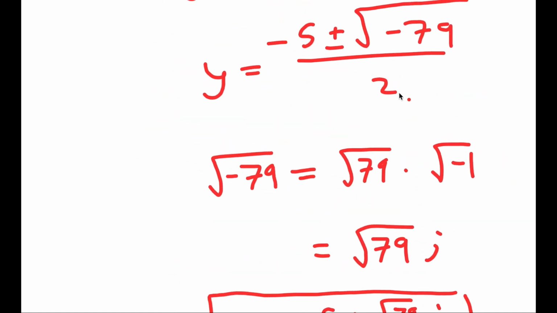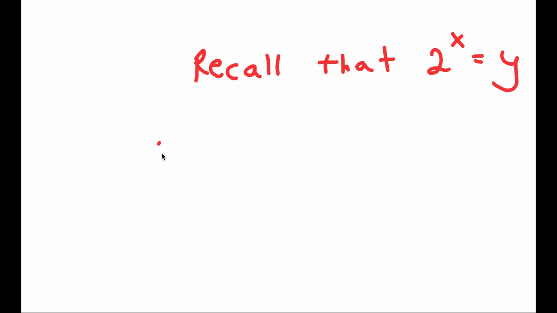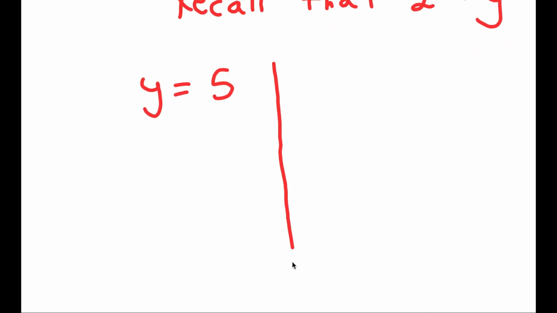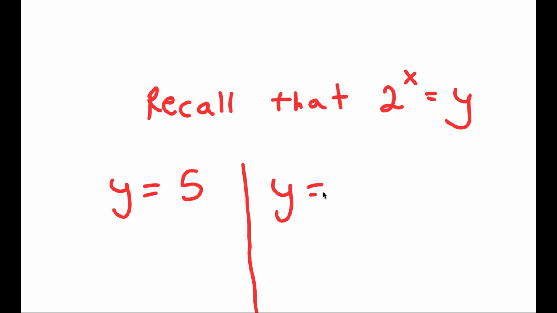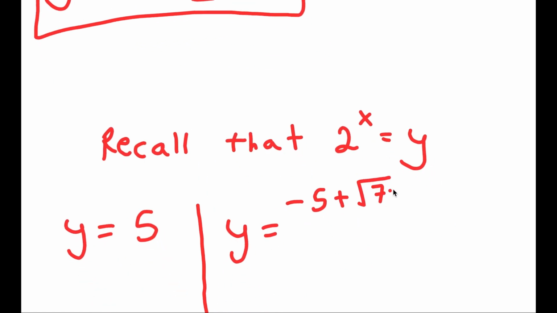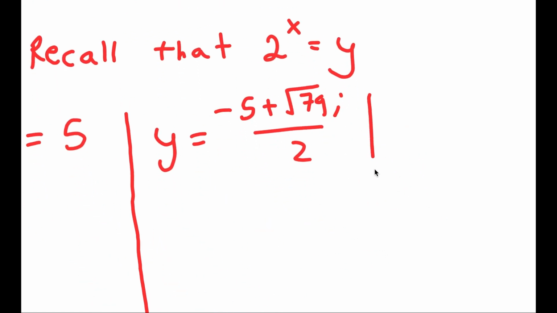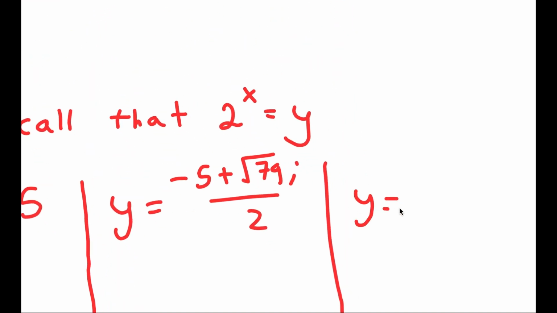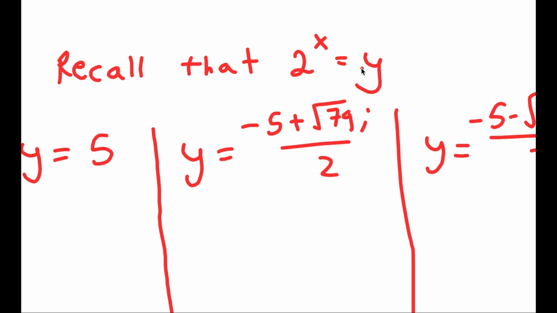So if we recall that 2 to the power of x is equal to y, and we have y is equal to 5, y is equal to negative 5 plus the square root of 79i over 2, and y is equal to negative 5 minus the square root of 79i over 2, we can solve for the value of x, which is what we're trying to look for.